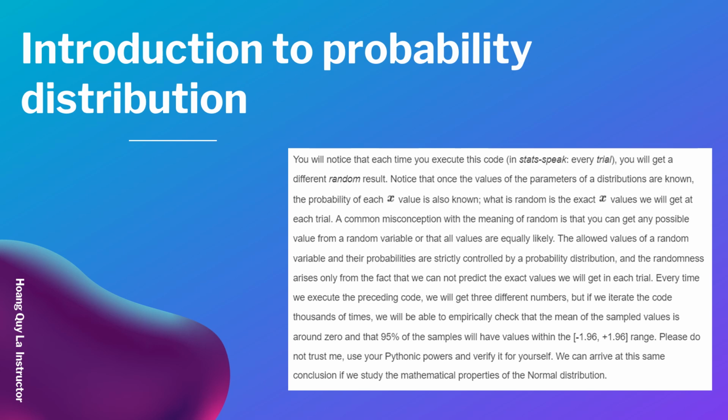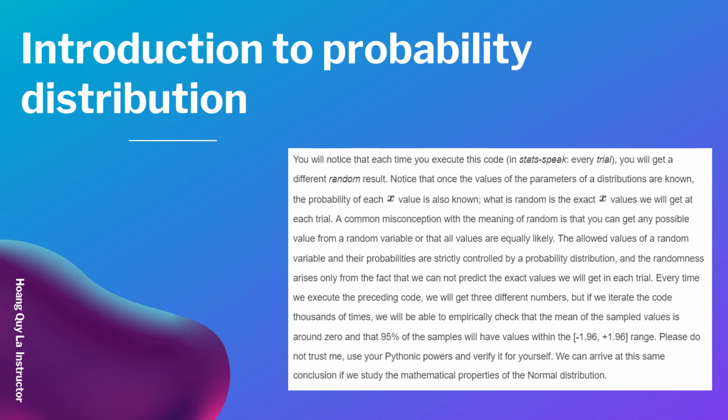A common misconception with the meaning of random is that you can get any possible value from a random variable, or that all values are equally likely. The allowed values of a random variable and their probabilities are strictly controlled by a probability distribution, and the randomness arises only from the fact that we cannot predict the exact values you will get in each trial.